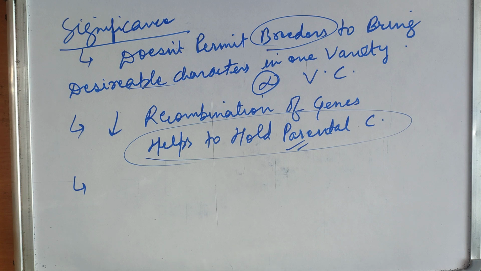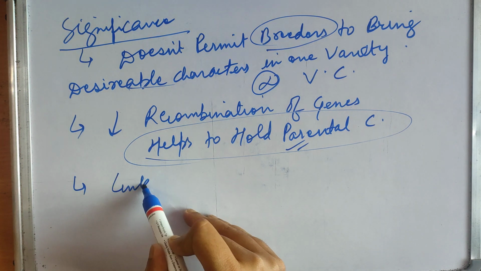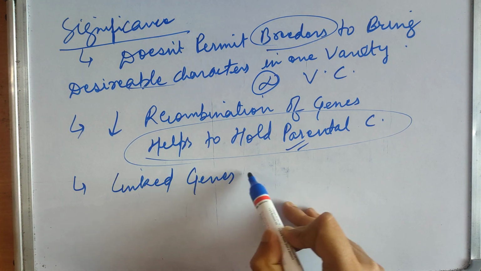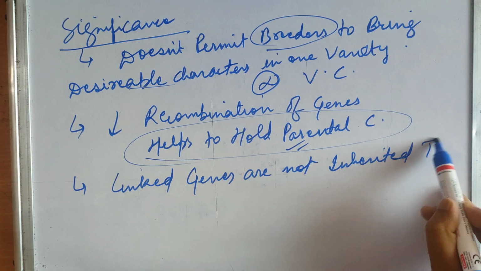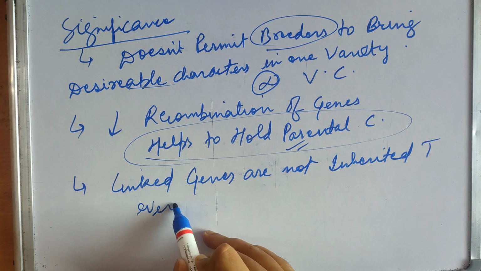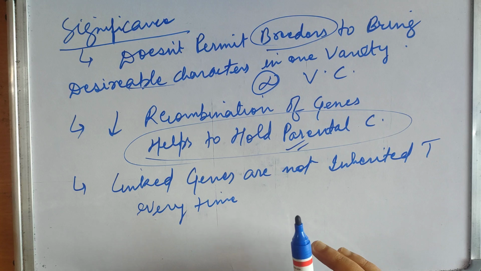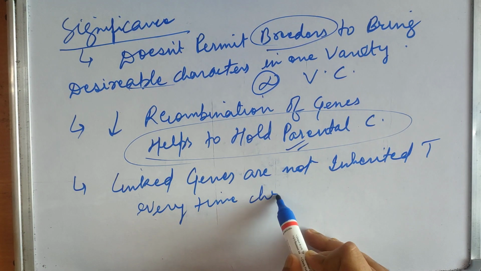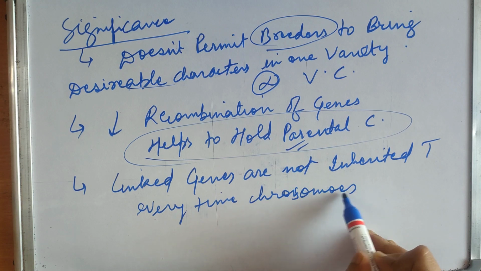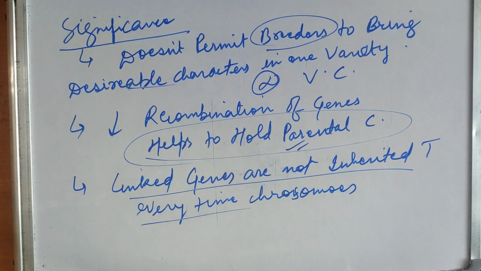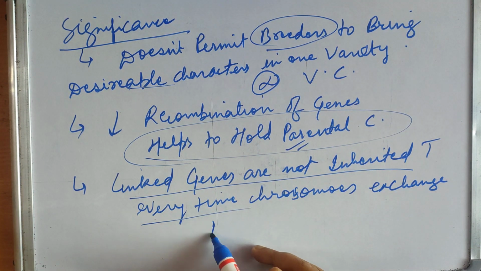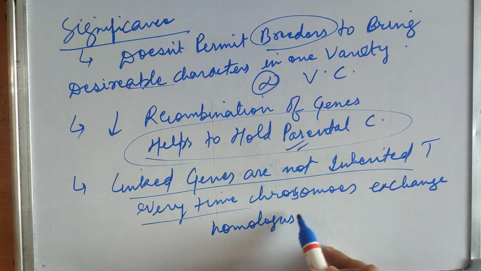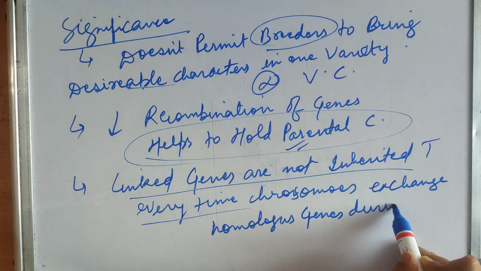Now moving on, linked genes are not inherited together every time. Linked genes are not inherited together every time chromosomes exchange homologous genes during meiosis.